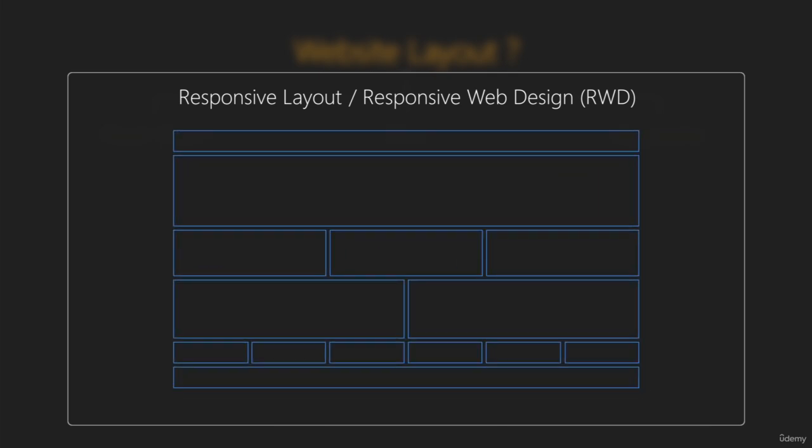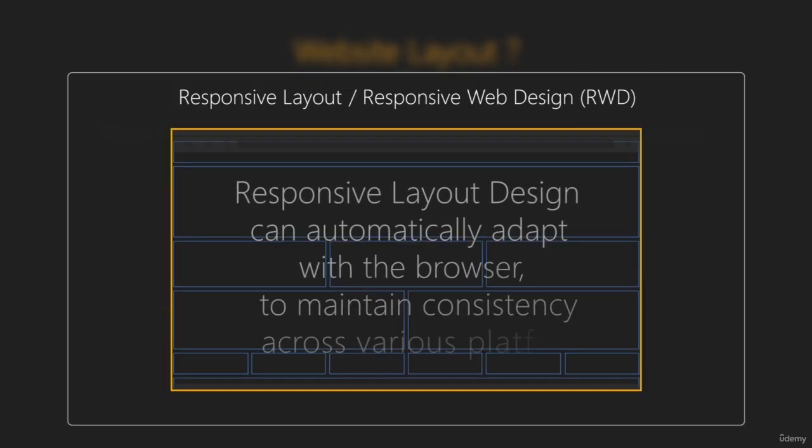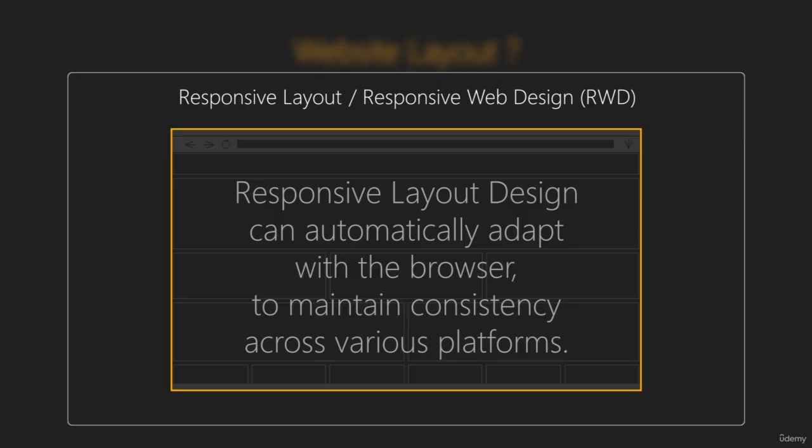It includes a combination of length units like percentages, viewport width and height, and several rules like media queries, so that the layout design can automatically adapt with the browser to maintain consistency across various platforms.